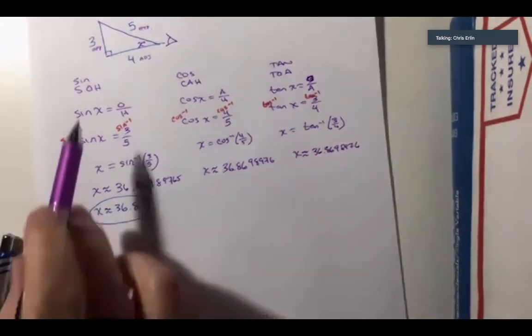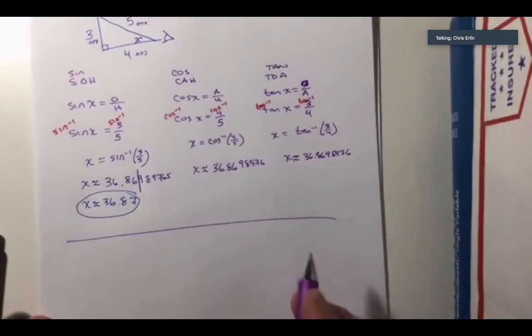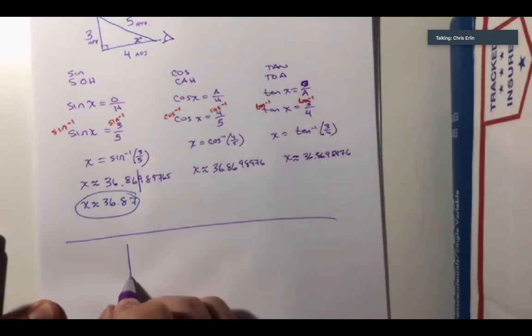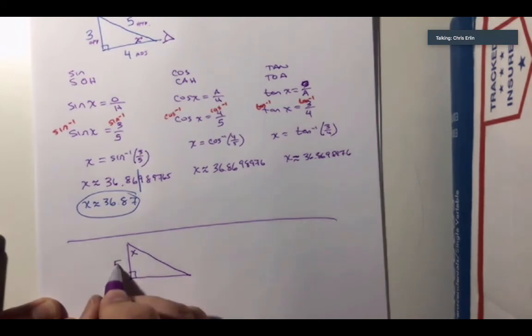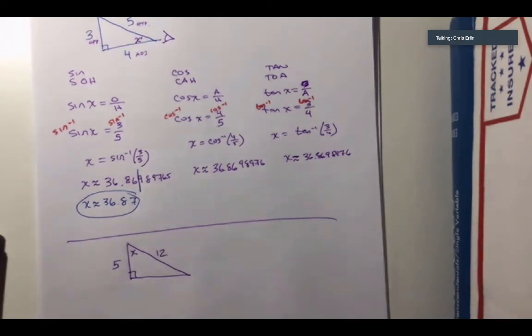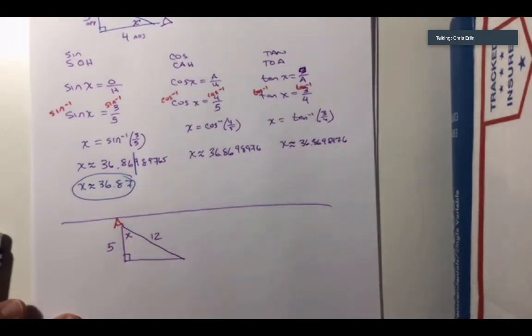Usually you actually won't be given all 3 sides. Usually you would be given just one pair of sides, and you have to choose which one to do. So for example, let's say I'm looking for this x value. I know that this is 5 and this is 12. Here's my eyeball up here next to the angle I'm looking for.